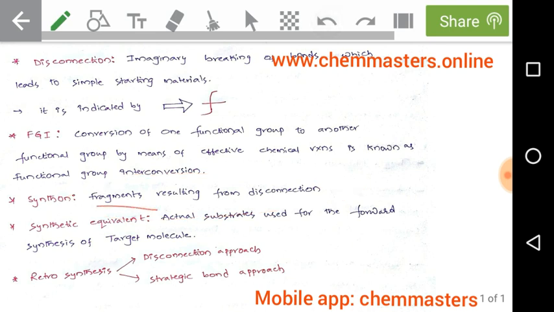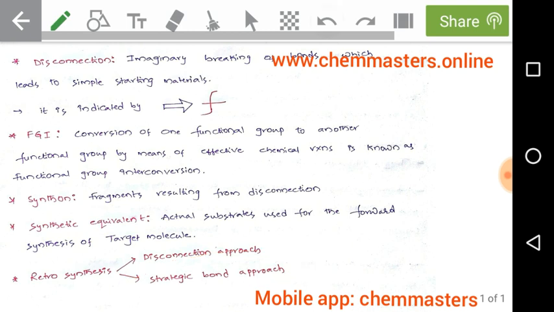Next, synthetic equivalent: the actual substrates used for the forward synthesis of the target molecule are considered synthetic equivalents. Now, there are two possible approaches to retrosynthesis: the disconnection approach and the strategic bond approach.